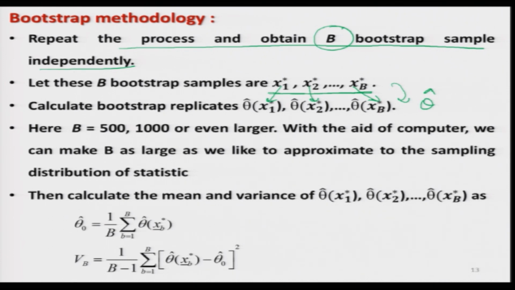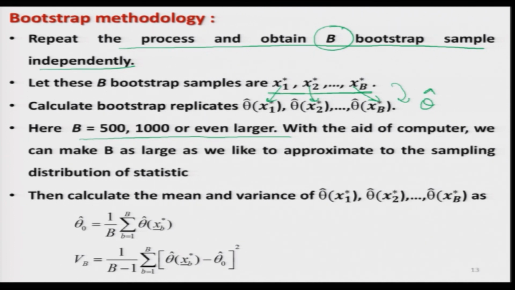Now this B can be 500, 1000 or even larger. With the help of a computer, it doesn't make any difference. This is a matter of only a couple of seconds or a couple of minutes. If you draw a sample of 500 or 1000, usually this is a matter of only some seconds.